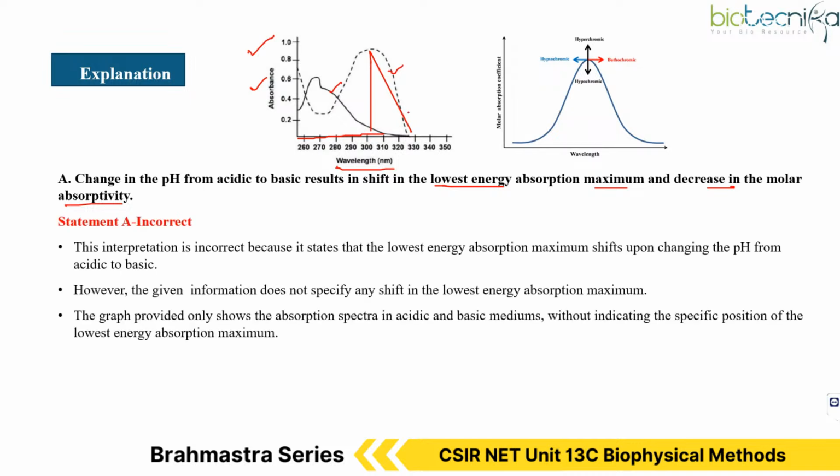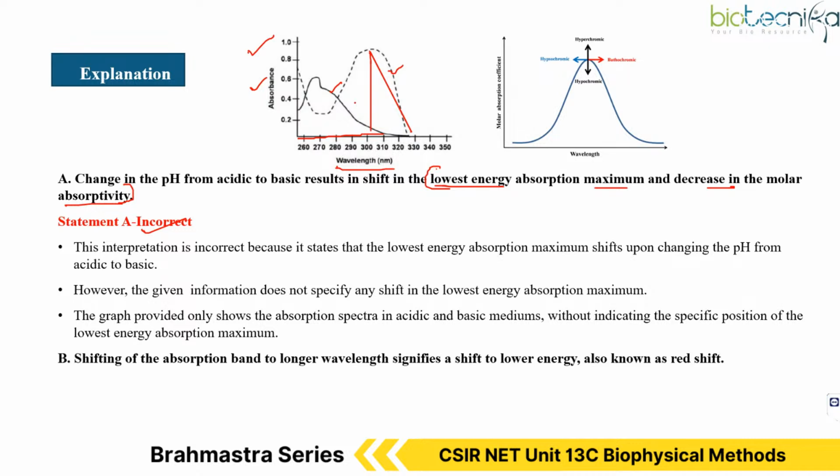But as such, there is no information indicating the specific position of the lowest energy absorption maximum, right? So that is why this statement is incorrect. It states a shift in lowest energy absorption maximum and decrease in molar absorptivity, but the graph does not specify any shift in the lowest energy absorption maxima. That is why it is incorrect.